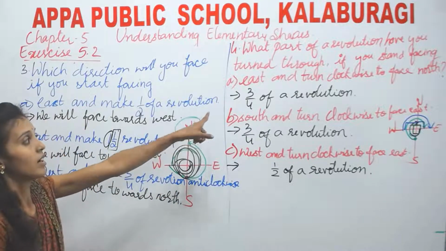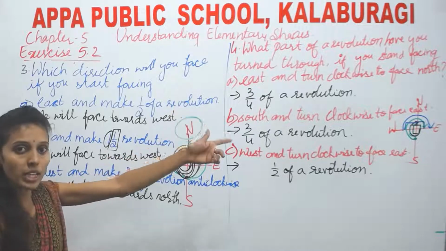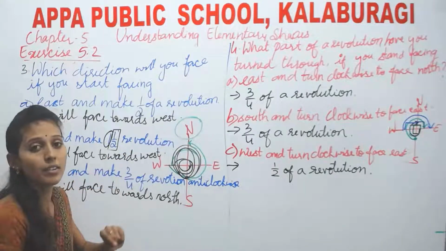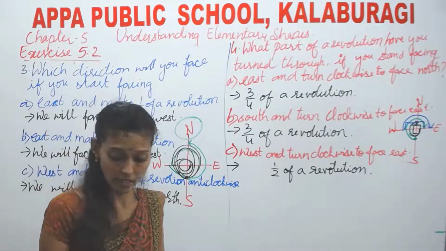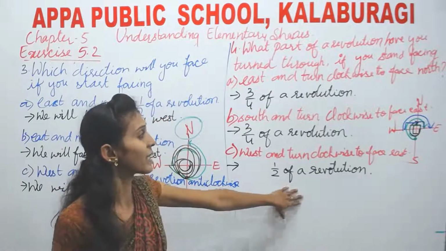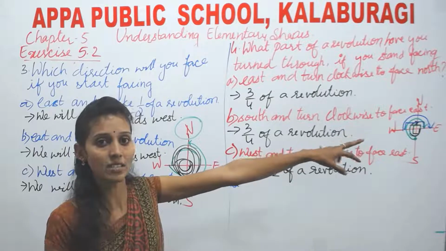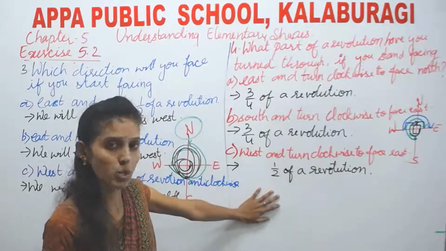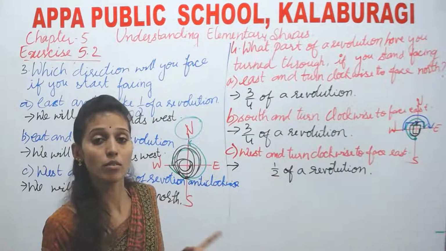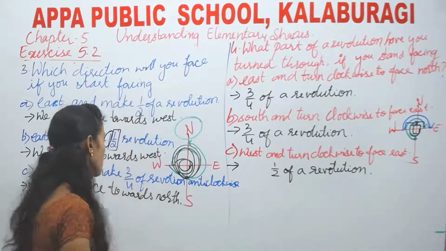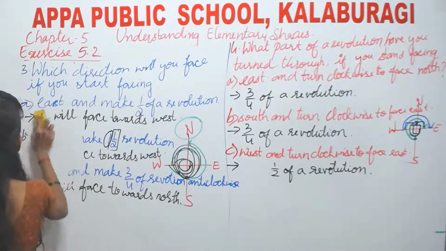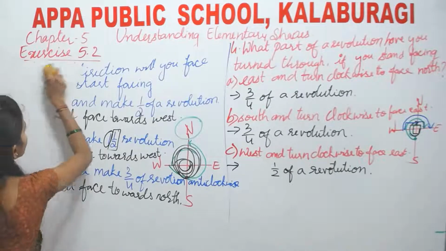Then they gave in which direction we have already faced, and we have to find the revolution. Now the remaining bits are regarding right angles. Here also I have said how many right angles. Same thing, instead of revolution we have to write the number of right angles, in both the clock and direction.